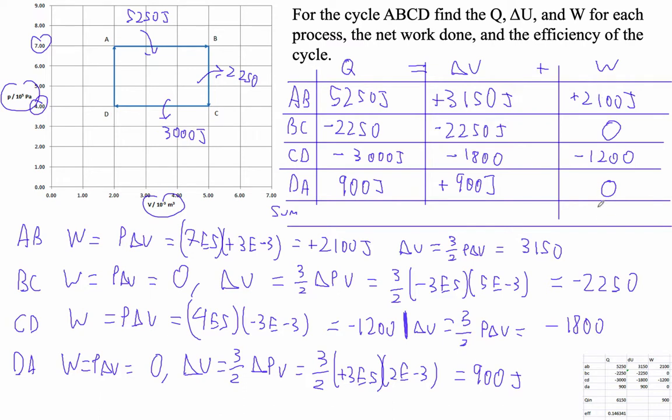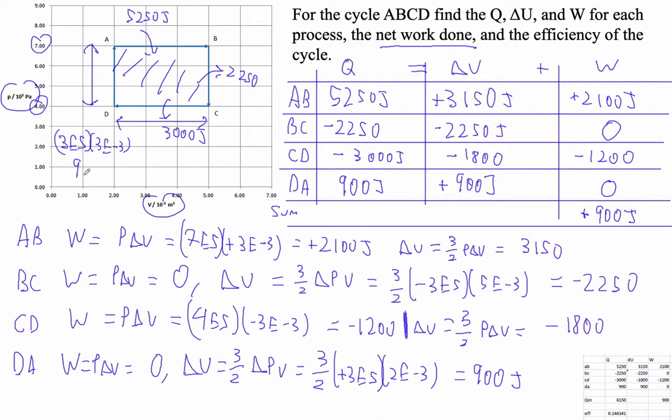Okay. So if we look at the total amount of work done as we add this up, this is positive 900 joules. So that is the net work done, right? Which, by the way, we could get by finding the area of this thing. The area is 3e5 is this dimension here, and this dimension here is 3e minus 3.